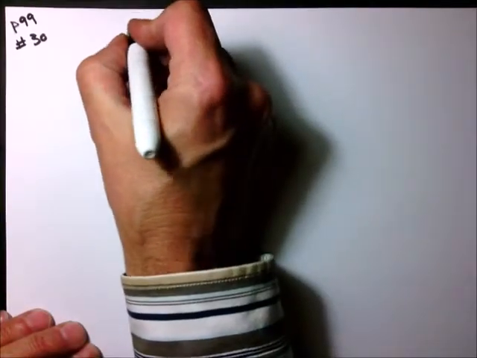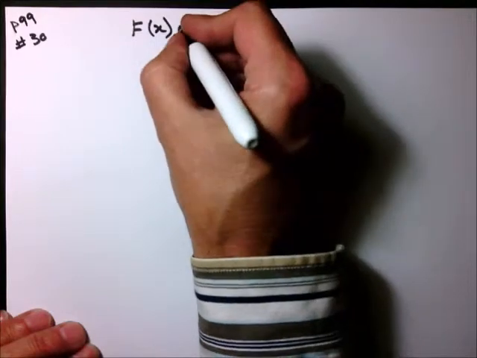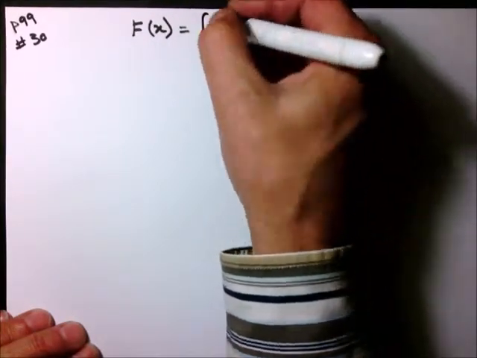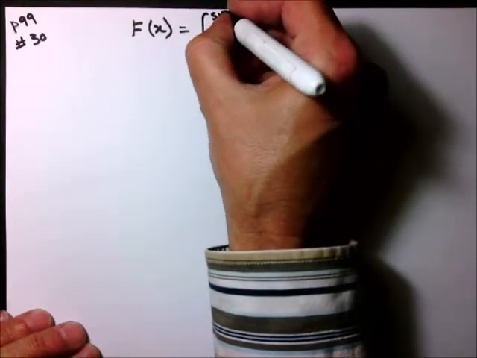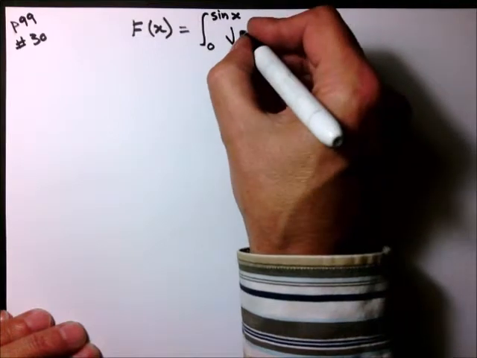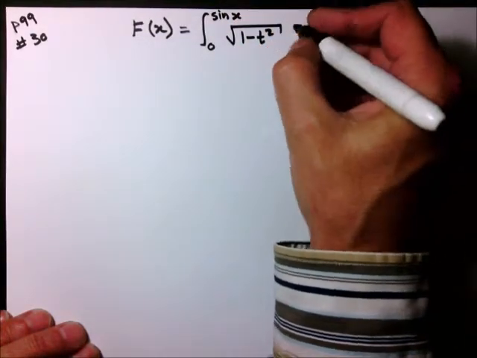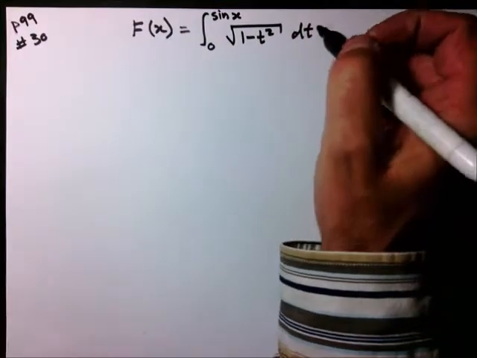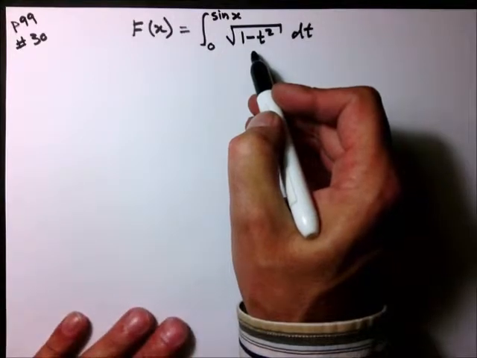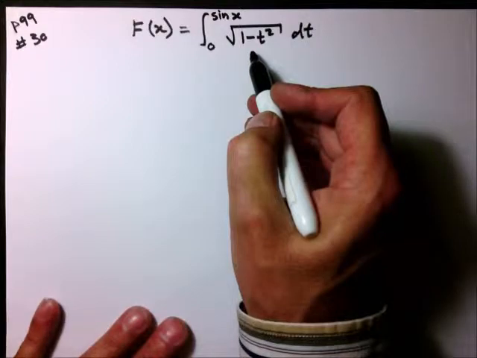Here we are given the function f of x, and that's capital F. The capital F of x denotes that it is a function which is an integral. This is quite a difficult function to integrate, which gives us the immediate indication that we will probably have to apply the fundamental theorem of calculus to this problem to be able to solve it.